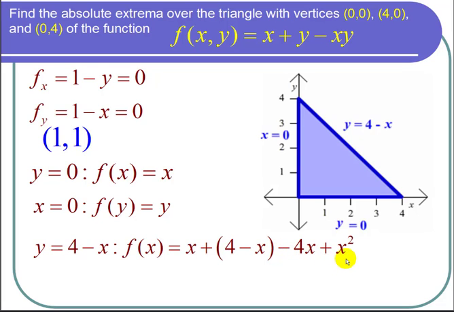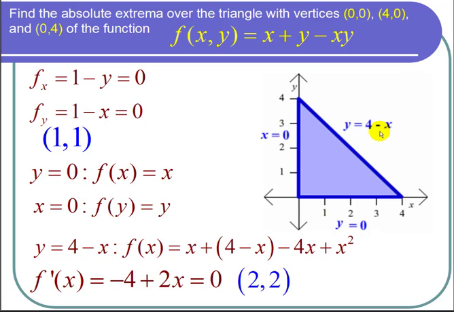If I take a derivative, I get -4 plus 2x. And if I set that equal to 0, I see that x is equal to 2. If x is 2, y is 4 minus x, 4 minus 2 is 2. So I get the point (2, 2), which is a critical point of f on the boundary.